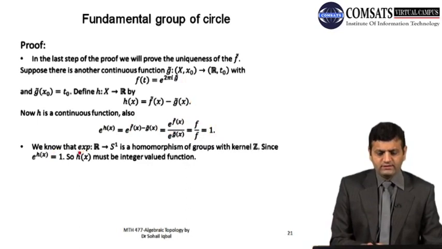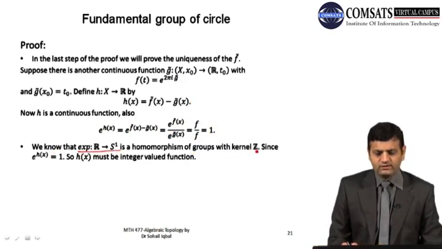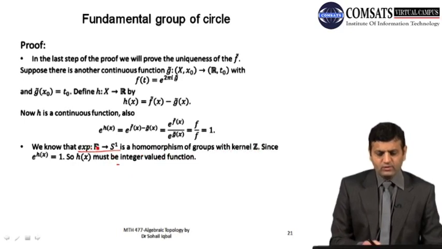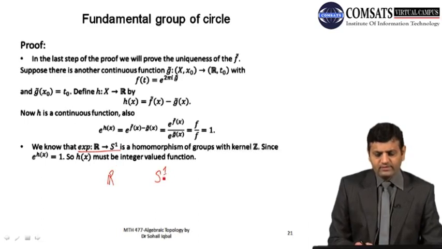We also know that this is a homomorphism of groups with kernel Z. So this function is basically a homomorphism from this group R to this group S1, and the kernel is the set of integers, because if you take integers then you are going to go to the identity of S1, which is 1 of the circle.